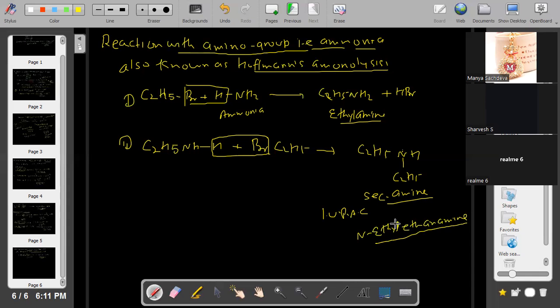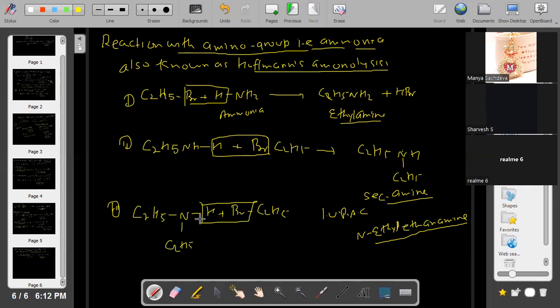Now, in the second case, the third case, one hydrogen is left here. Again, this will be involved. That is called exhaustive ammonolysis. Maximum ammonia can react with this one. Now C2H5 with Br C2H5.